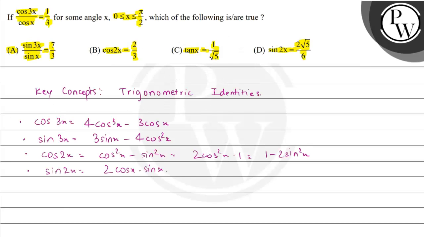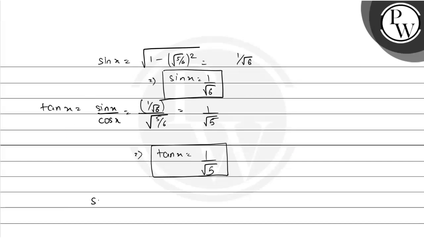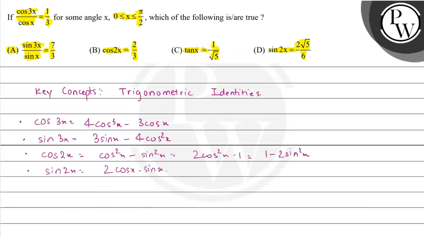And the last expression that we have to evaluate is sine of 2x. We already know sine of 2x is equal to 2 times sine of x times cos of x, as we had stated in our identities earlier.